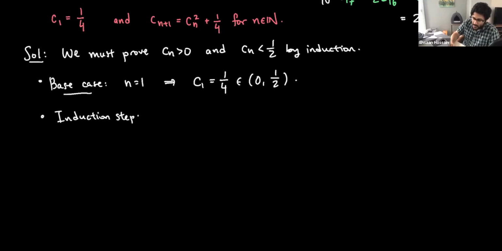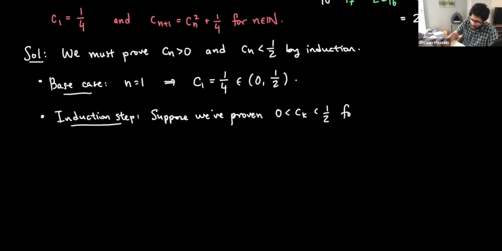Let me not just say, assume that P of k is true. That's kind of weird. Let's say the same thing in a more logical way. Suppose we've already proven P of k, that Ck is between 0 and 1/2 for some k.